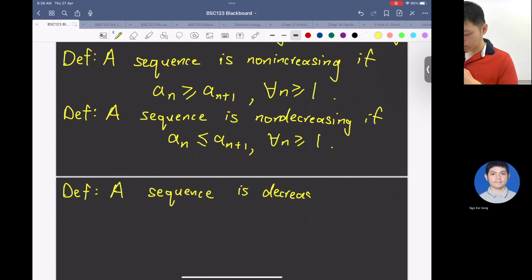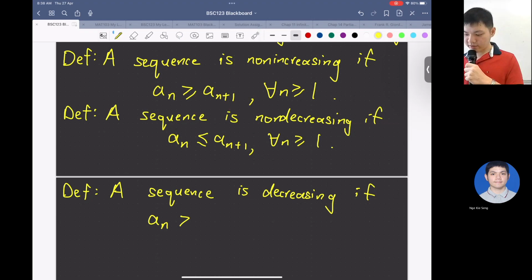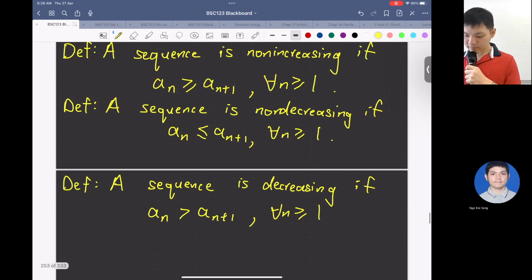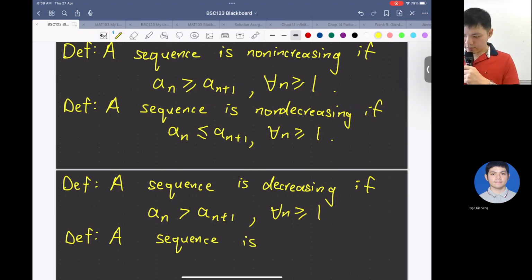Strictly decreasing if a_n is strictly greater than a_(n+1), and increasing if a_n is strictly less than a_(n+1) for all n.